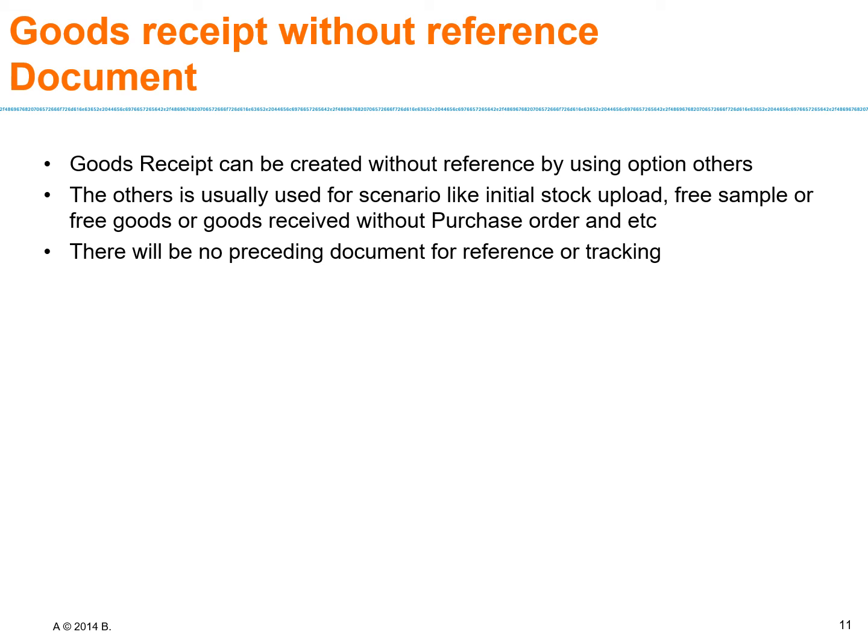Or probably any free sample that is provided by the vendor. These can also be received without purchase orders. If there is no preceding document or tracking, then the goods can be received. So there are various options in various ERPs by which you can even accept the goods without any reference document.